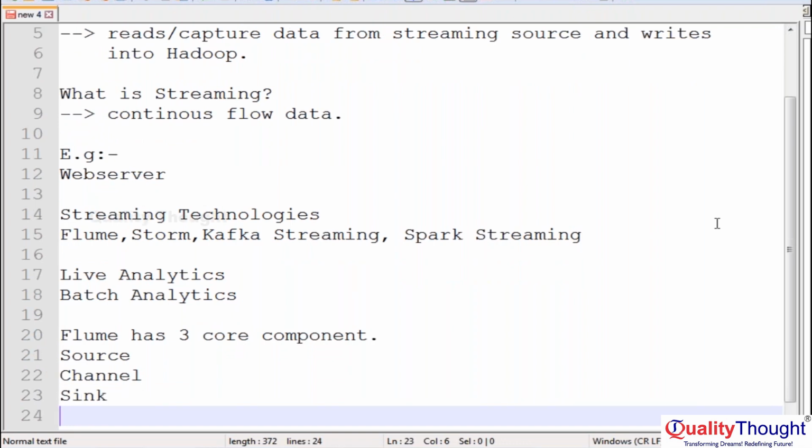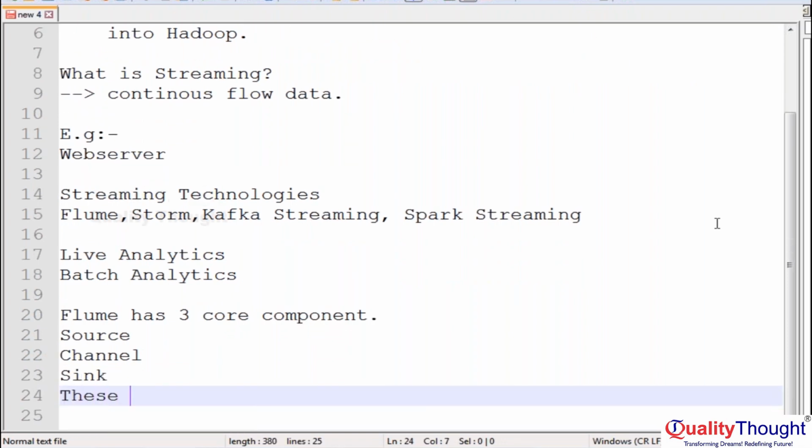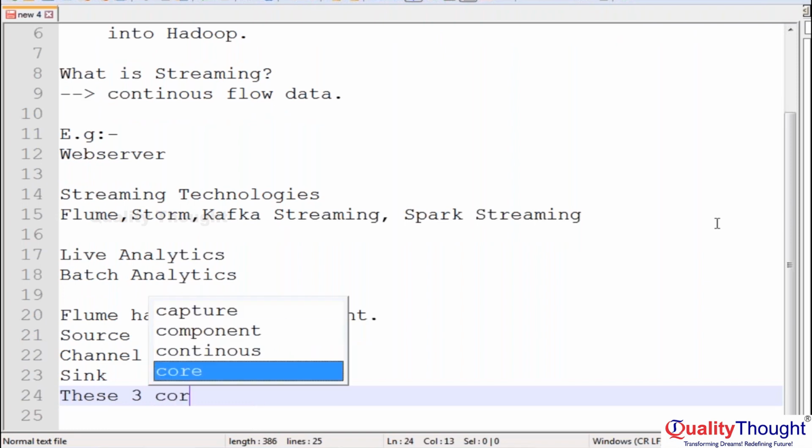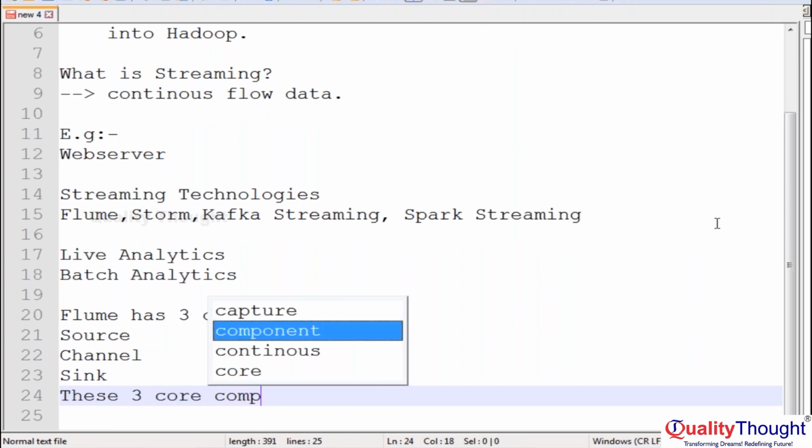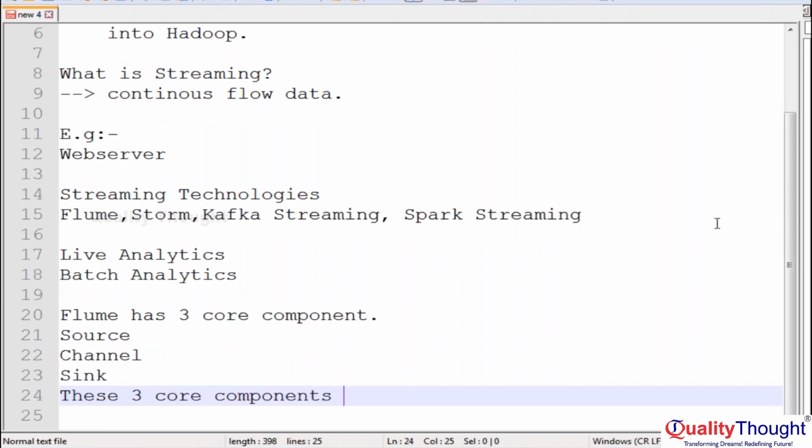These three core components are part of the agent. The agent is the main component. So source, channel, sink, these three are part of the agent component.